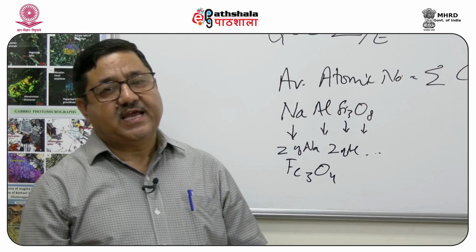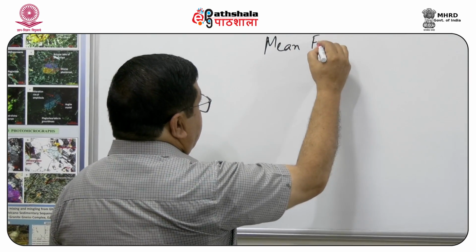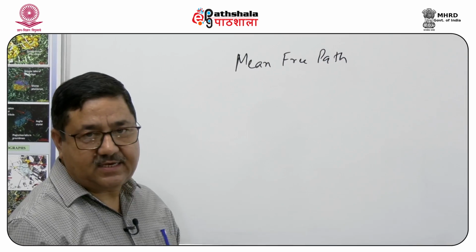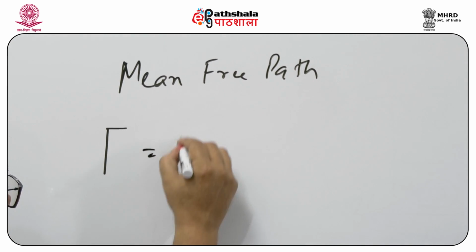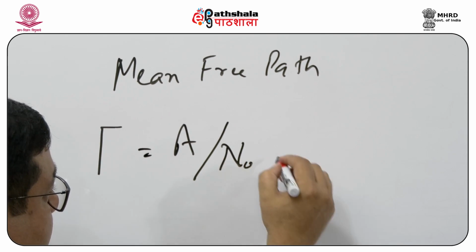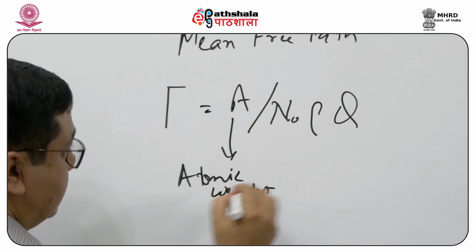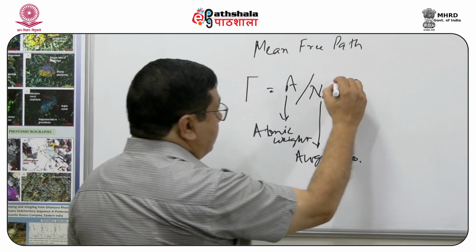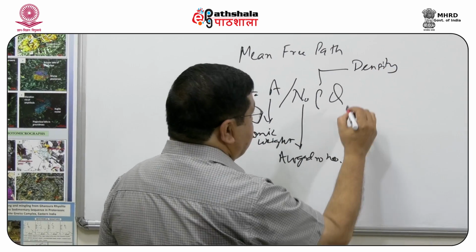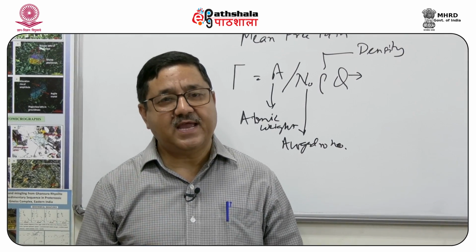Now, each of these events can be described by an equation like this: mean free path, expressed in the form of an equation where gamma, which is the mean free path, is equal to A divided by N0 rho Q. In this, A represents the atomic weight, N0 represents the Avogadro number, rho represents the density, and as we learned earlier, Q represents the cross section of the incident electron beam expressed in terms of area.